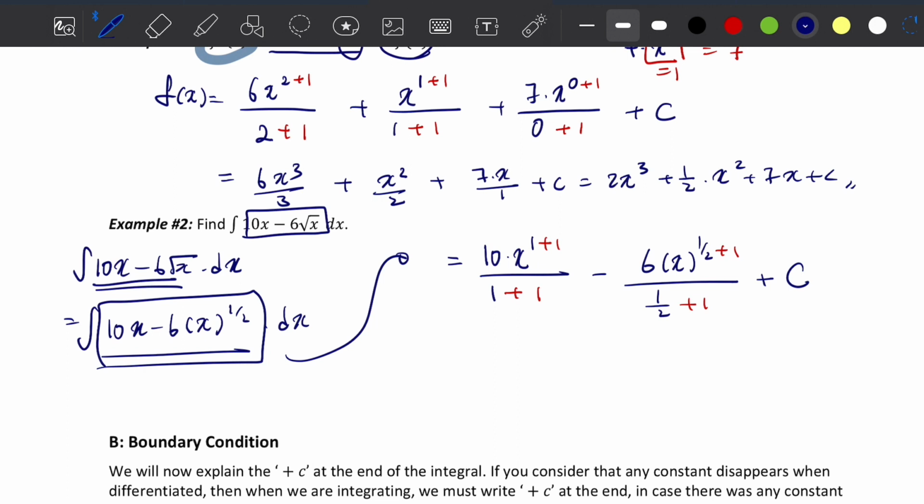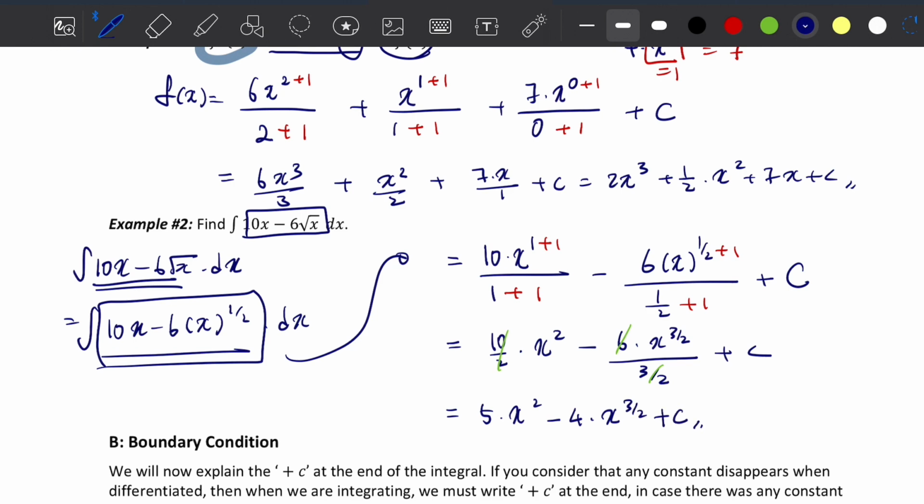Then we can rewrite this equation as 10 over 2 times x to the power of 2 minus 6 times x to the power of 3 over 2 over 3 over 2, because 1 over 2 plus 1 is 3 over 2, and plus c. And this gets simplified, and now we have our final equation, 5x squared minus 4 times x to the power of 3 over 2 plus c.